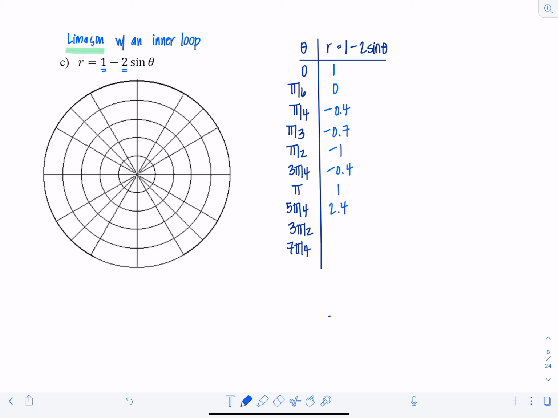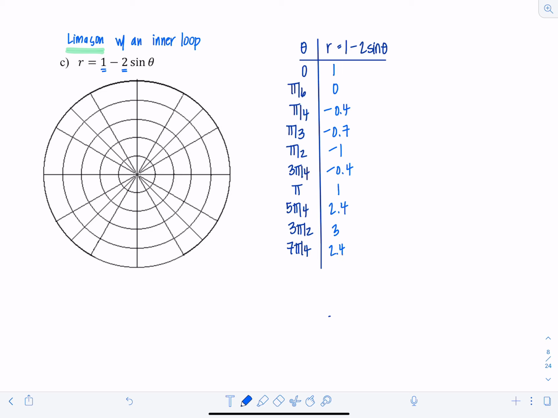And then similarly, 3 pi over 2, sine is negative 1. So negative 2 times negative 1 is positive 2, plus 1 is 3. And at 7 pi over 4, sine is going to be, again, negative rad 2 over 2, but then it's going to get multiplied by a negative 2. So I'm going to have 2.4.